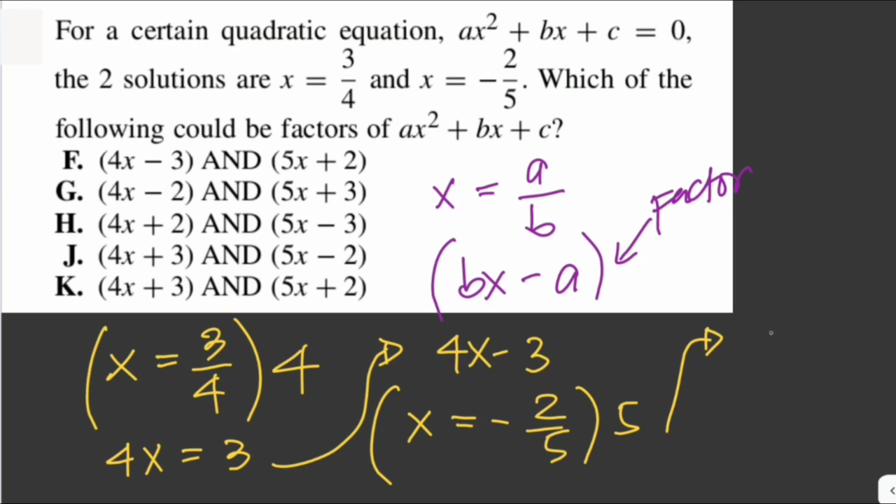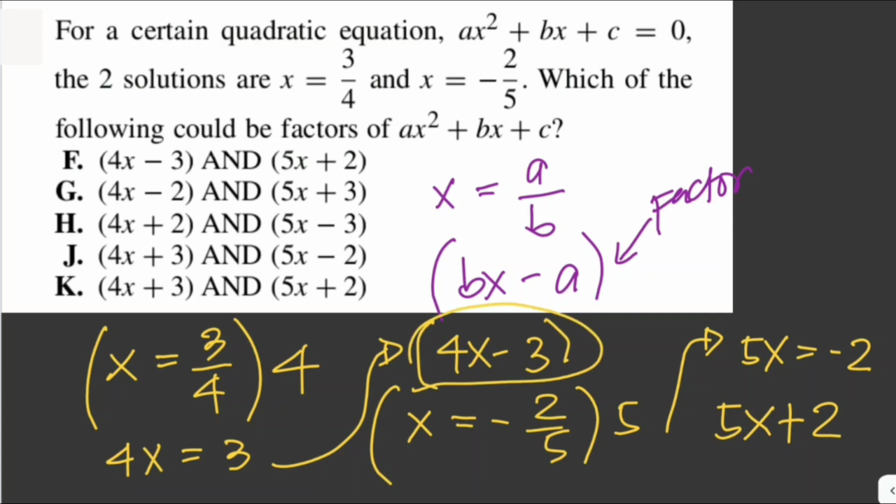So the other factor would be 5x equals negative 2, and we transpose negative 2 to the left. That would become positive 2. So this is 5x plus 2. Therefore, the two factors are 4x minus 3 and 5x plus 2.